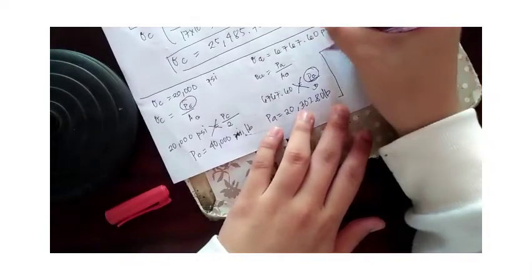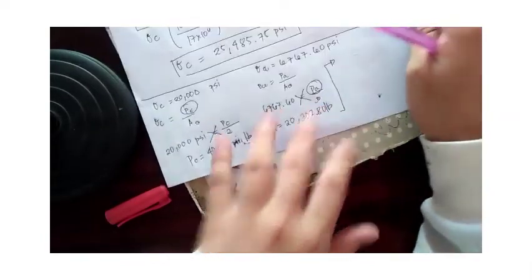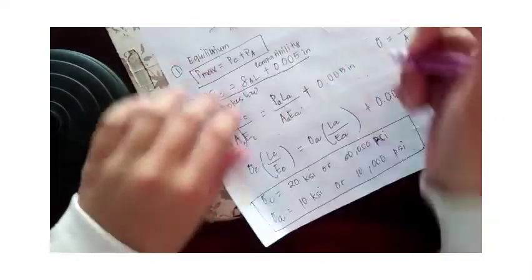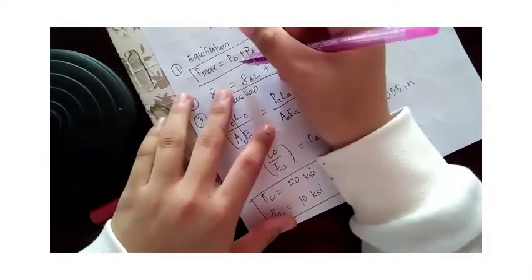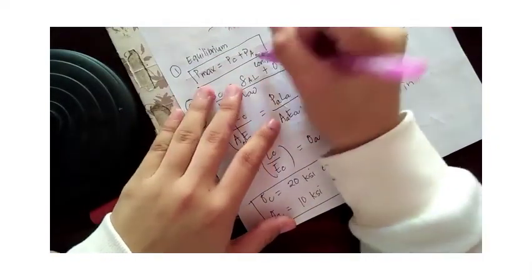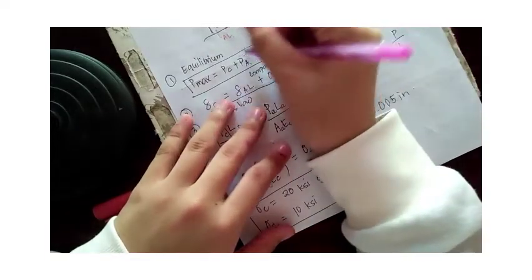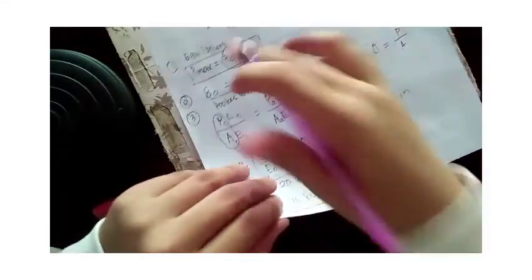So, for the solution of Pmax, diba dito sa equilibrium natin, yung Pmax daw is equals to force ng copper plus force of the aluminum. Makukuha na natin si Pmax.